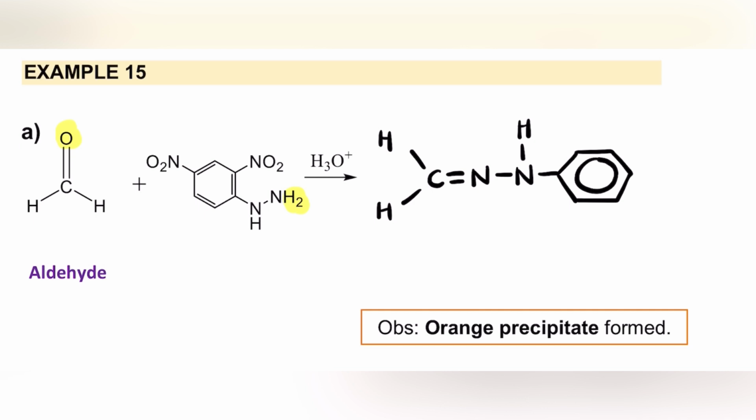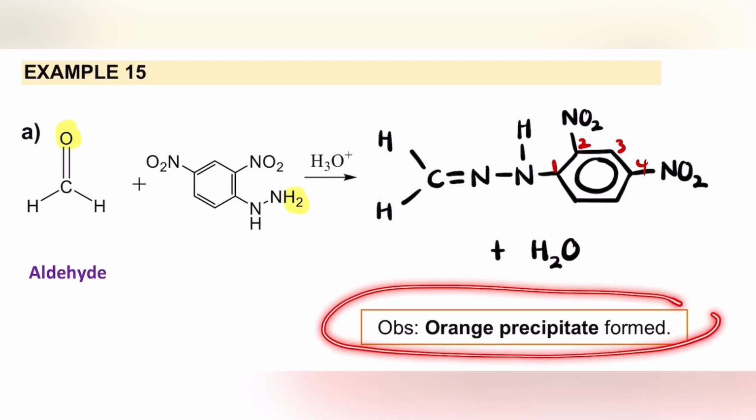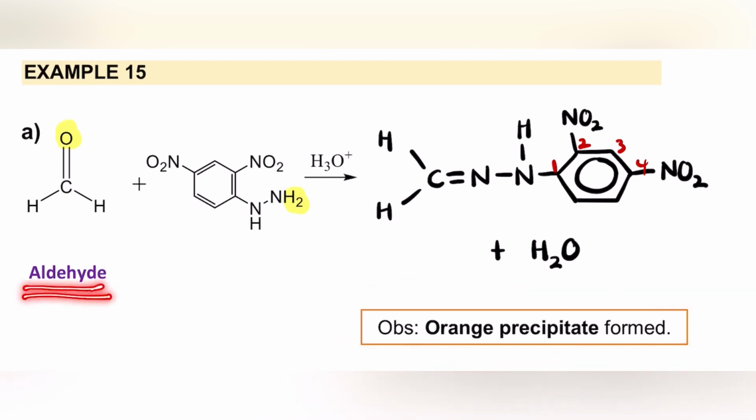Make sure you draw it correctly. Then you have NO2 at the second carbon, bonded to nitrogen, and another one at the 4th carbon. Don't forget you have H2O as the side product. This is how you draw your structure. You can see the numbering, 1, 2, 3, 4. The observation for this reaction is an orange precipitate forms, and you have an aldehyde.